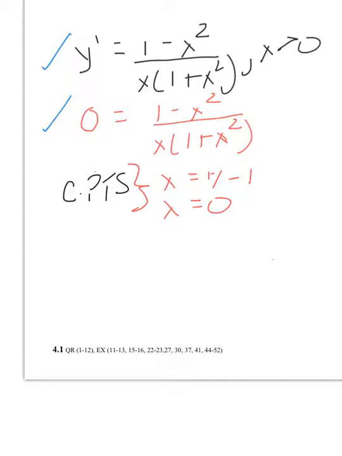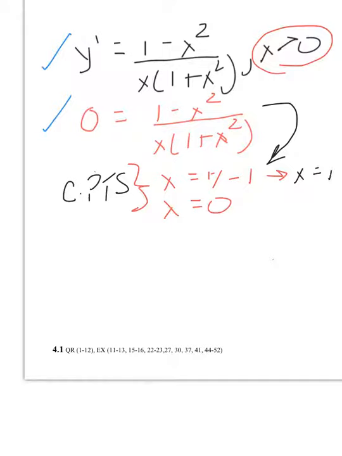I'm getting plus or minus 1 for where the derivative is equal to 0, solving that equation. And again, I want to pay attention to my domain. x must be greater than 0. So therefore, I'm only going to get one actual candidate out of this pool, and that's where x is equal to 1.